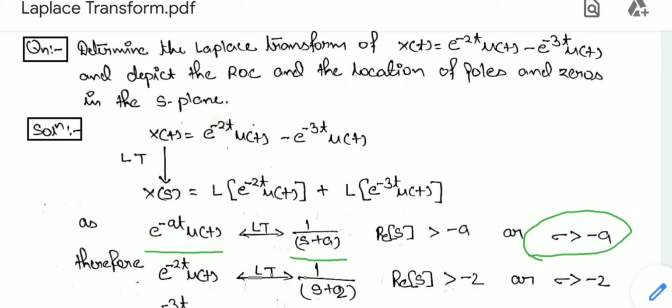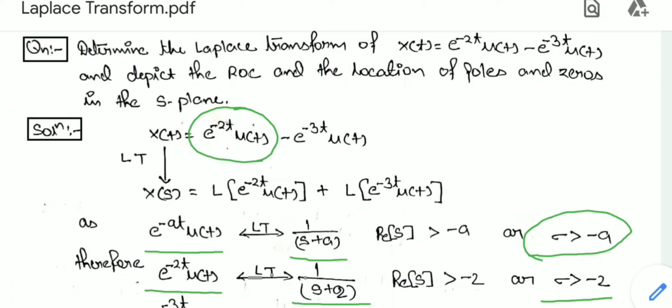Then the Laplace transform of e to the power minus 2t u(t) is nothing but 1 upon s plus 2, and its ROC becomes sigma greater than minus 2.